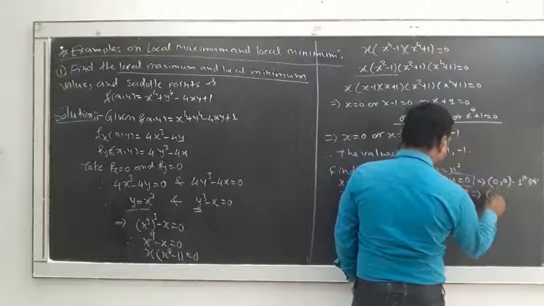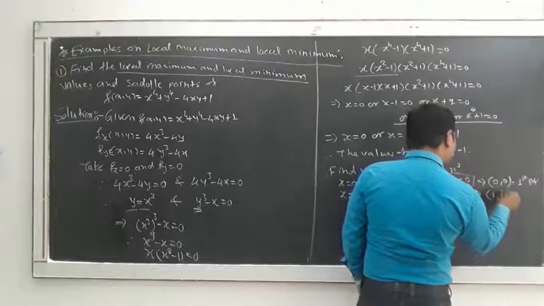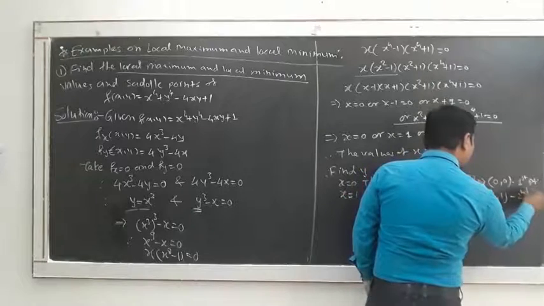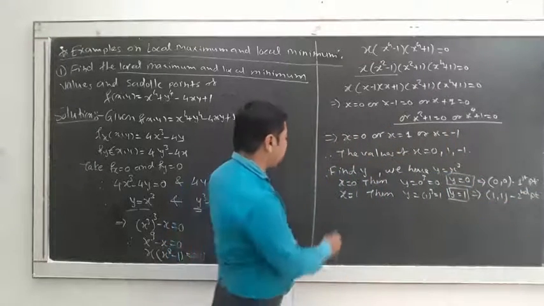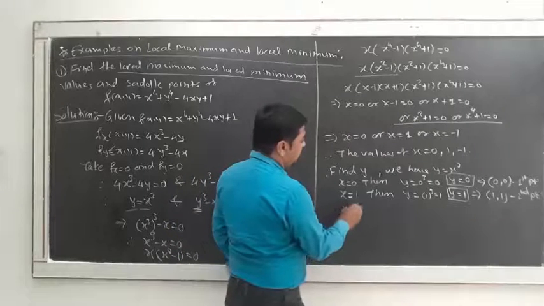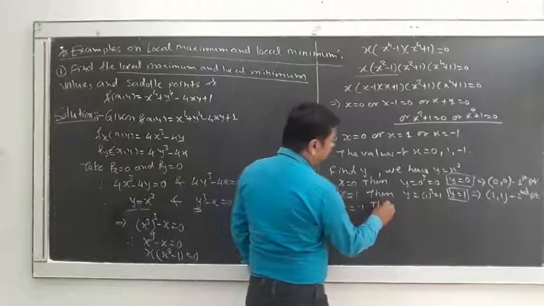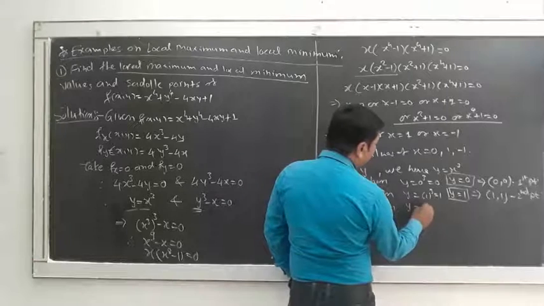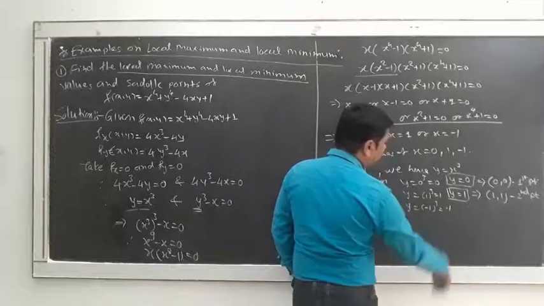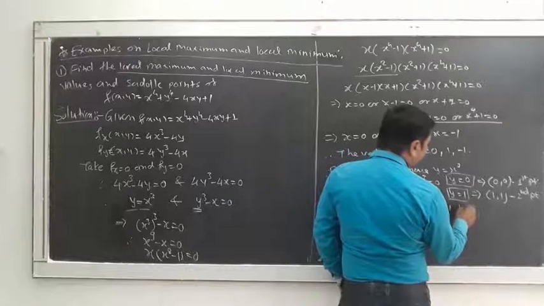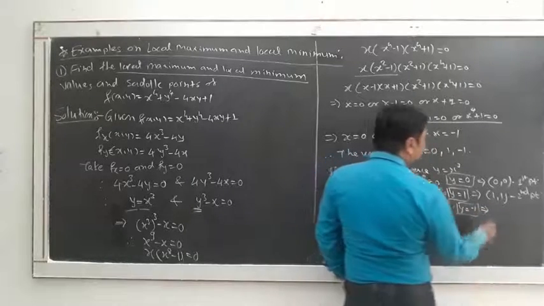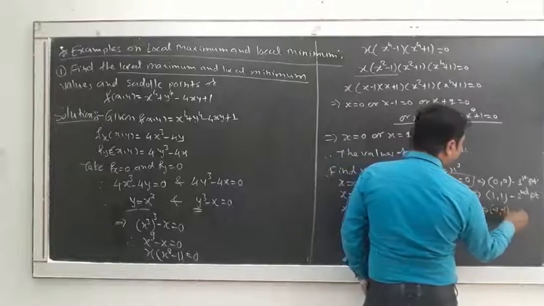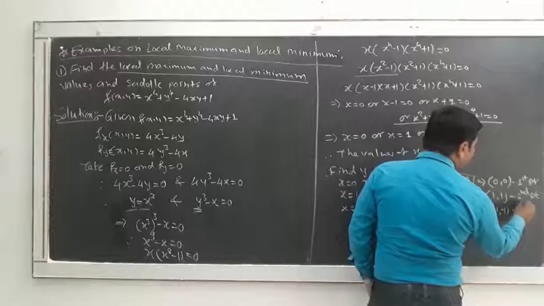Our first point here is 0, 0. Therefore you are getting a second point, that is 1, 1. Now again, if x is equal to minus 1, then y is equal to minus 1 raised to 3, which is minus 1, therefore y is equal to minus 1, and you are getting your third point, that is minus 1, minus 1.